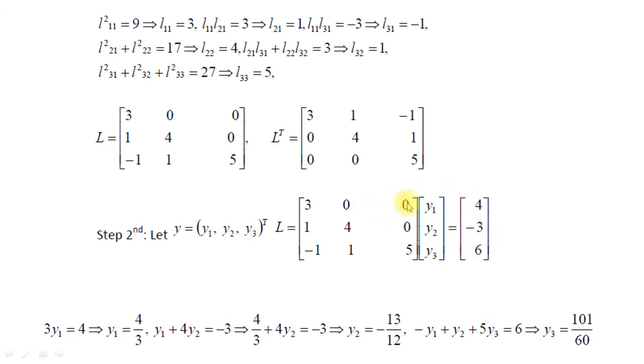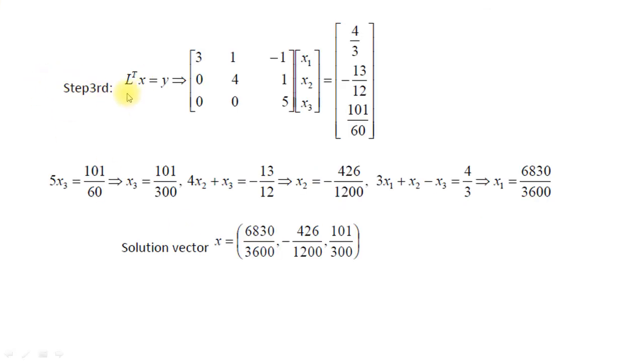Now using forward substitution, find the Y matrix in which y1, y2 and y3 are unknown. Then use step number 3, L transpose into unknown matrix X is equal to Y, putting the value of the transpose of the matrix L and the value of the Y matrix, and you can easily find the unknown matrix X by using backward substitution.